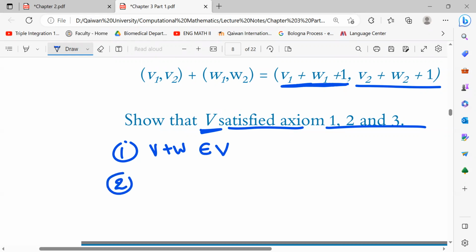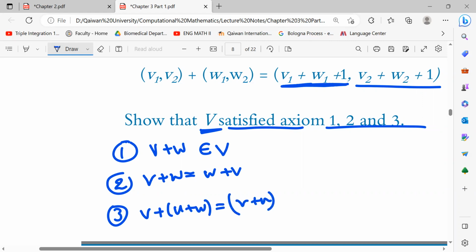The second, we say V plus W must equal W plus V. The third condition, it's associative with addition. Say V plus U plus W must equal V plus U plus W. That's all.